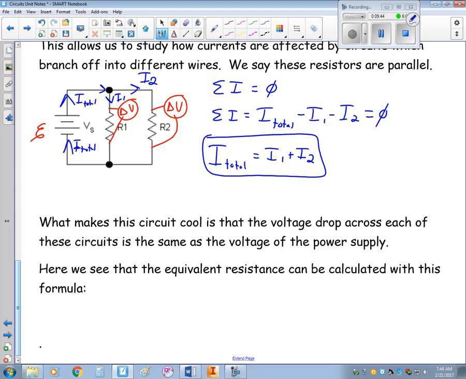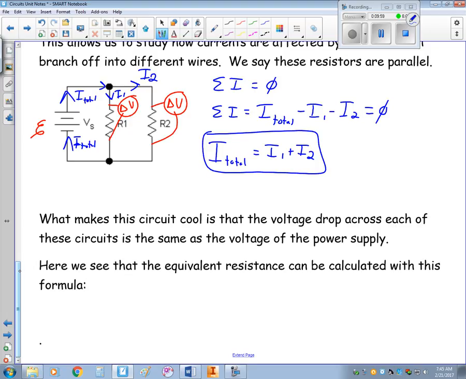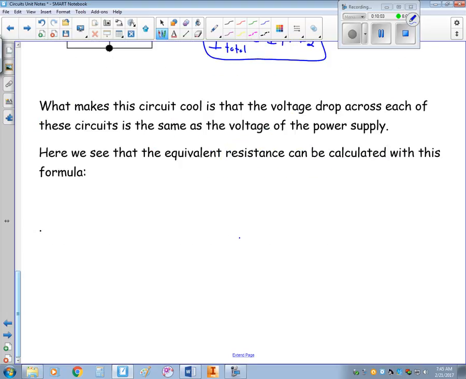So if this is a 9-volt battery, I've got 9 volts across R1 and 9 volts across R2. The reason for that is these two resistors act as a voltage drop themselves. Basically they help satisfy conservation of energy that way.